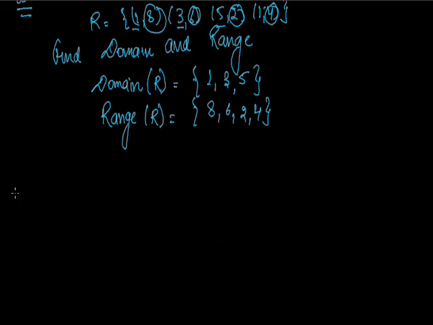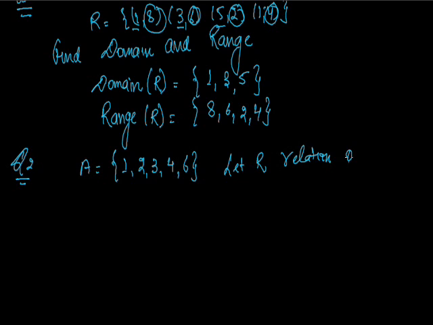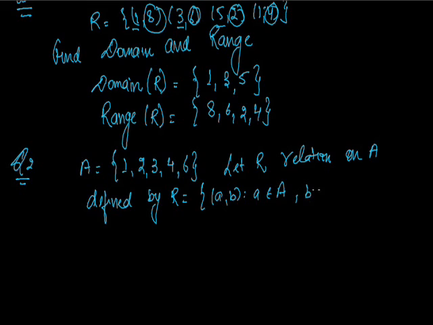Let's move to the second question. It is given that set A contains the elements 1, 2, 3, 4, 6 and let R be a relation on A defined by (a, b), where a belongs to A and b belongs to A, and a divides b.